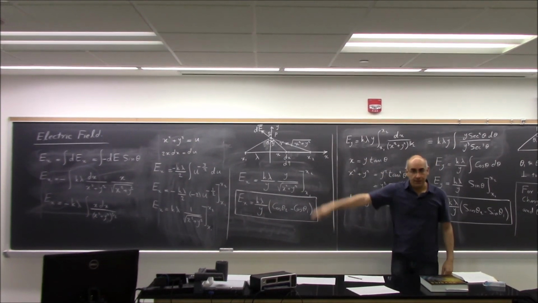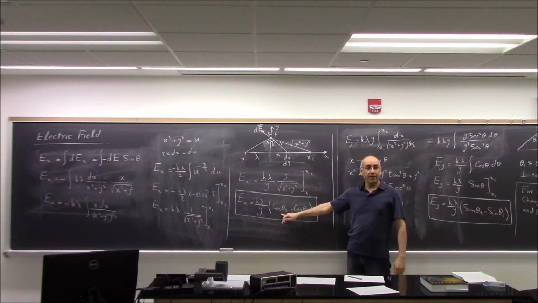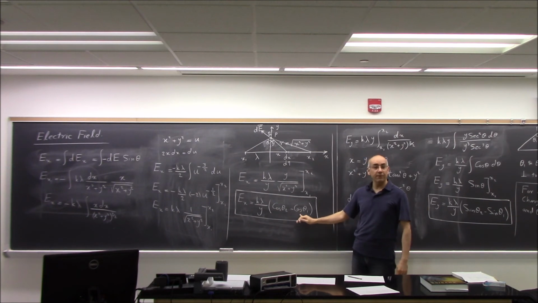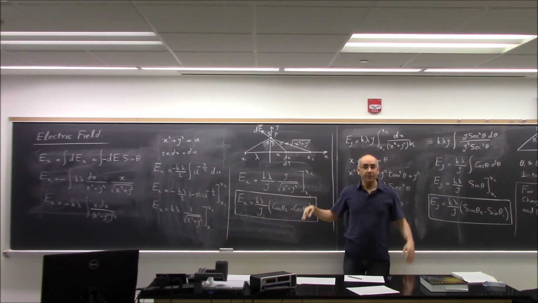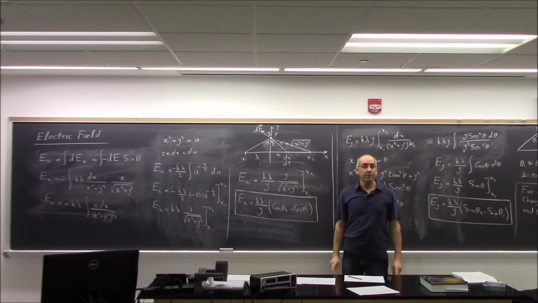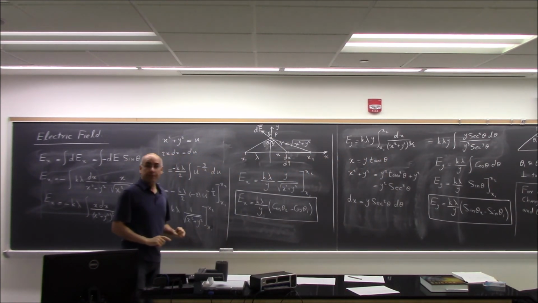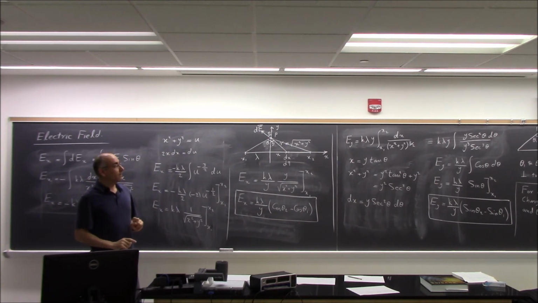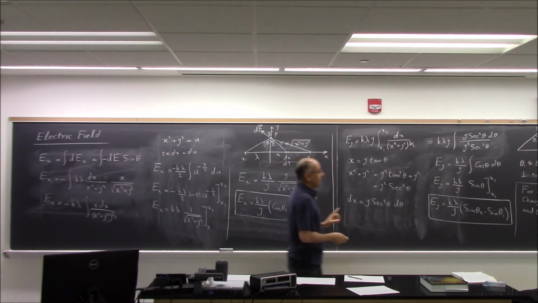And then, what is cosine of 90? 0. What is cosine of negative 90? 0. So Ex becomes 0. That means that for an infinite line of charge, your electric field is only perpendicular to the line. It doesn't have a horizontal or parallel component. Does that make sense? So for an infinite line of charge, you have only a y component.